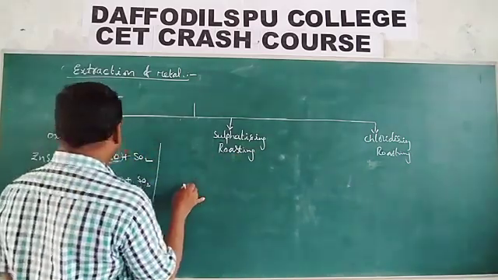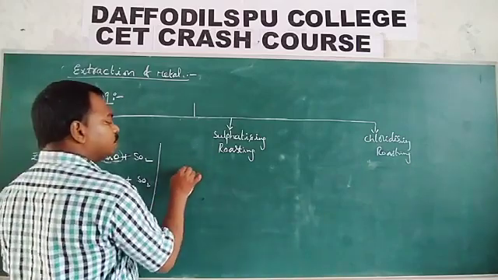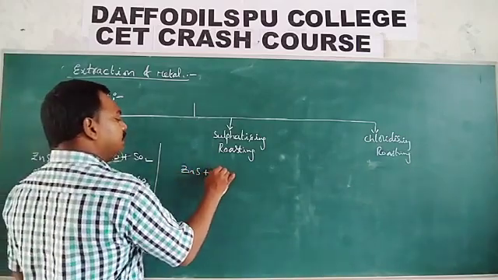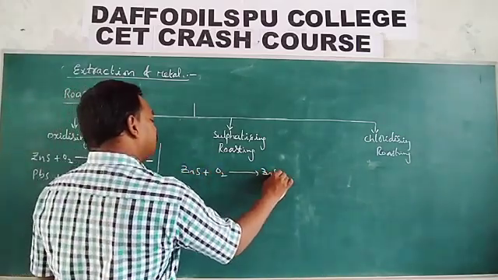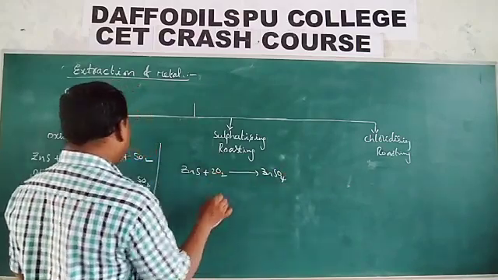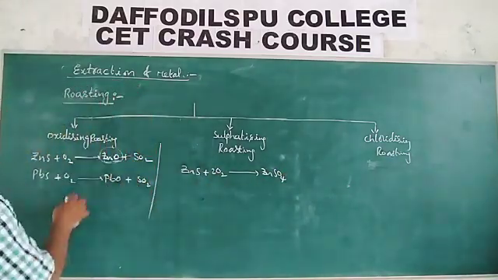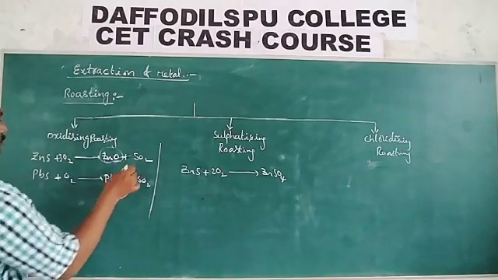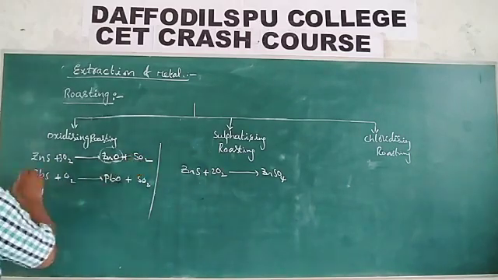In sulfatizing roasting, this ore is heated in limited supply of air. Then instead of sulfur dioxide, we will get zinc sulfate. Look at here.